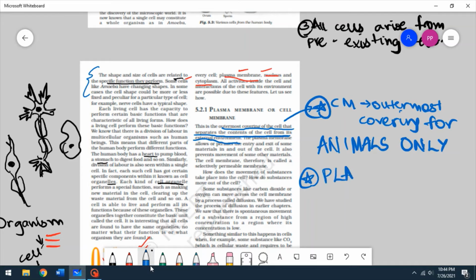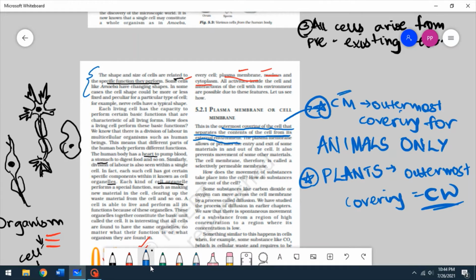For plants, the outermost covering would be the cell wall. Alright, the cell wall is the outermost covering for plants, and the cell membrane is the outermost covering for animals. The plasma membrane allows or permits the entry and exit of some materials in and out of the cell.